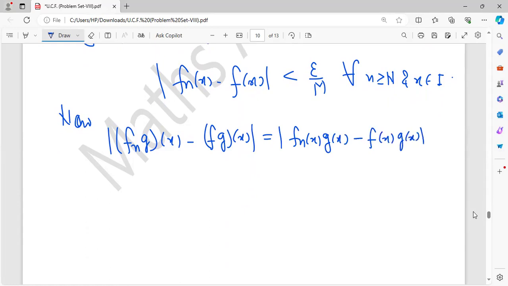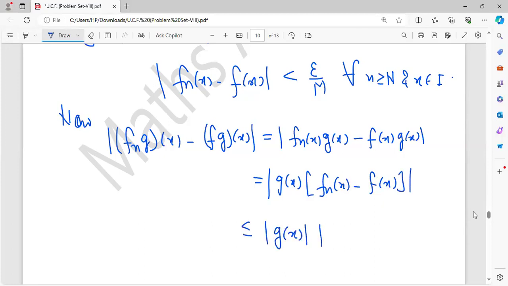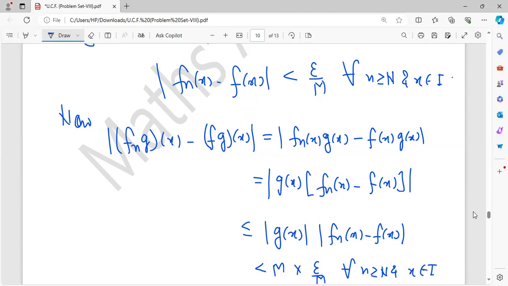So G(x) can be taken common outside: G(x) times (Fn(x) minus F(x)). So this is less than |G(x)| times |Fn(x) minus F(x)|. But this is less than M, and this is less than epsilon upon M, for all n greater than capital N and x belonging to I.